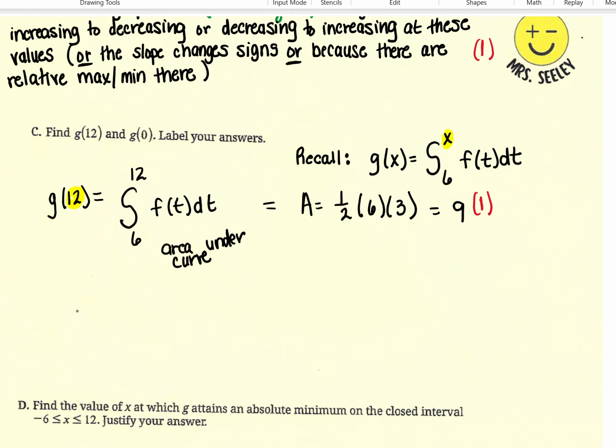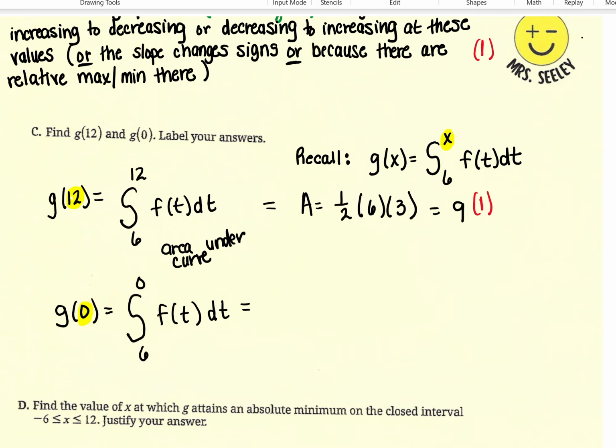Then it says to find g of 0. So this time, we're going to put the 0 in for the x. And that gives us the integral from 6 to 0 of f of t dt.